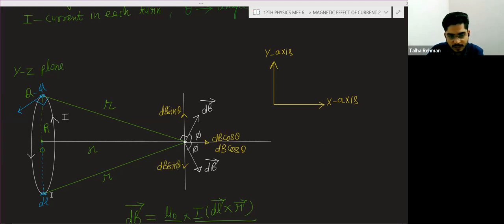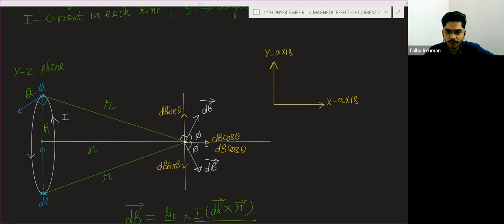So now you can see this dB sin theta and this dB sin theta will cancel out because these are equal and opposite vectors. Okay, and the remaining will be dB cos theta, so 2 dB cos theta.